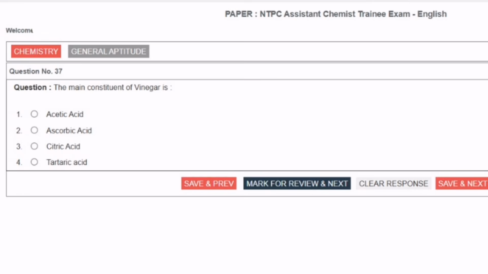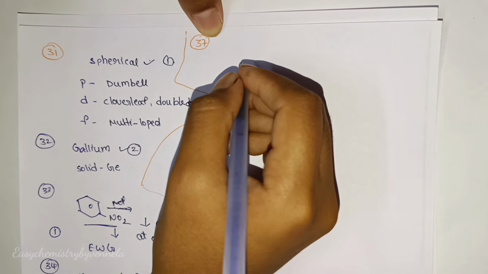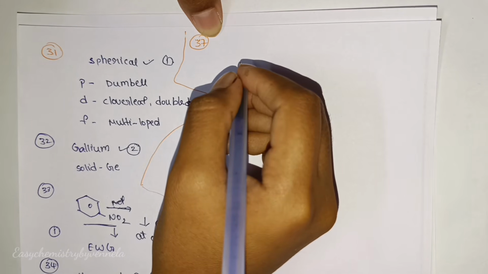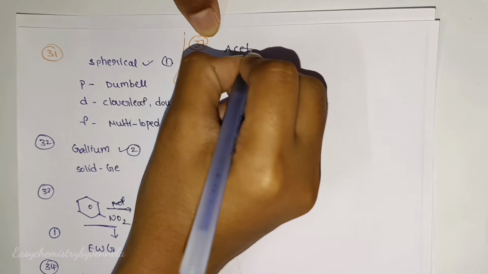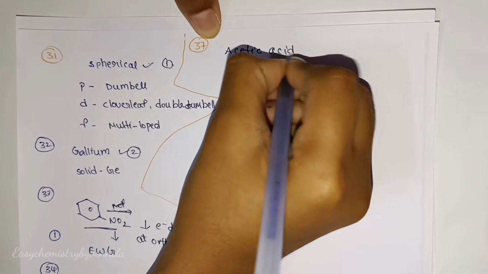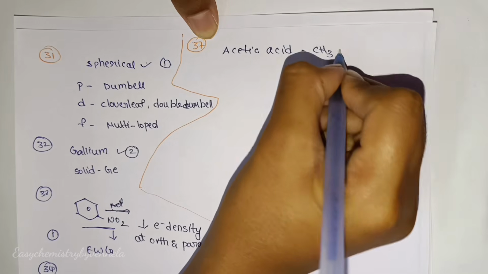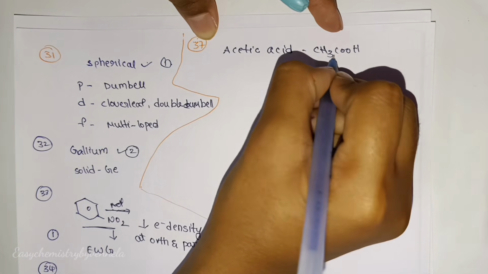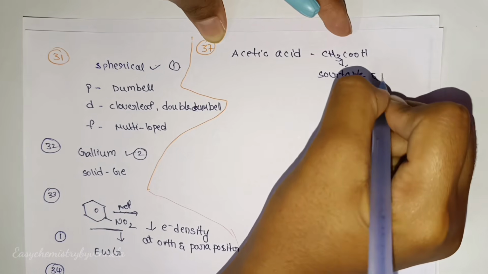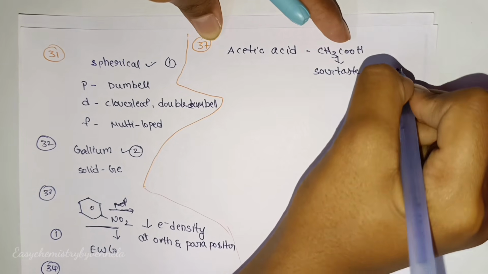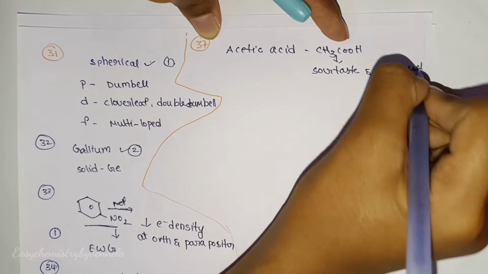Next question is, the main constituent of vinegar is acetic acid, ascorbic acid, citric acid or tartaric acid. Acetic acid, CH3COOH, has a sour taste and pungent smell.